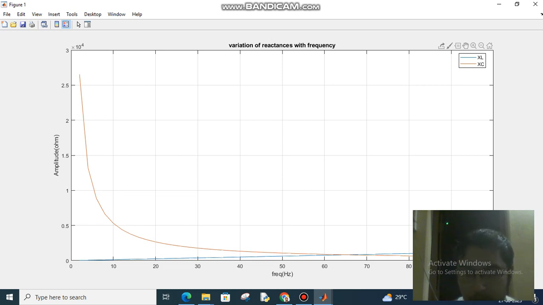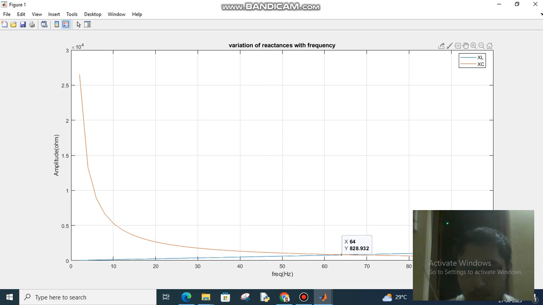As you can see, these two plots cut each other somewhere between 60 and 70 Hz. So we can expect that where these two graphs cut, the resonance will occur in your RLC circuit. The inductive and capacitive parts get cancelled by each other, so the total circuit behaves like a resistive circuit.